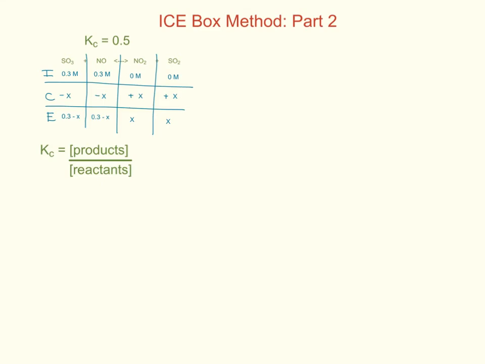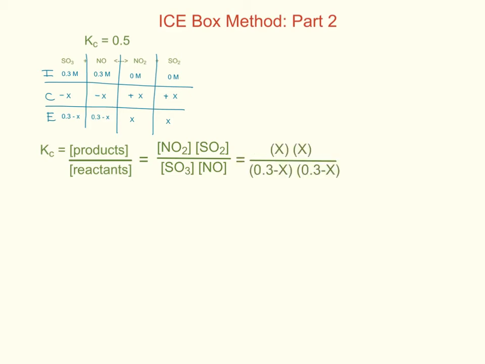Since I know that Kc equals the concentration of my products at equilibrium over the concentration of my reactants at equilibrium, and that's equal to the concentration of NO2 times the concentration of SO2 over the concentration of SO3 times the concentration of NO, I can just plug in what I have for my equilibrium concentrations. Even though there's still a lot of x's, I can still plug those into my equation since I know what my equilibrium constant is supposed to equal.